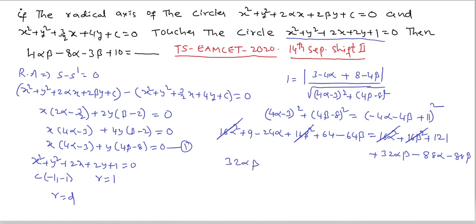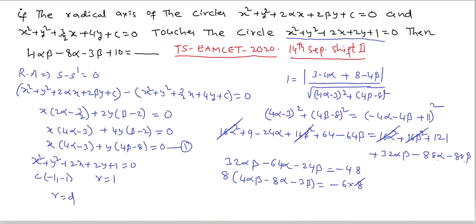So that is equal to 32 alpha beta. Here minus 88 alpha plus 24 alpha, that is minus 64 alpha, and minus 88 beta plus 64 beta is minus 24 beta, is equal to 9 plus 64, that is 73, minus 121, that is minus 48. Take 8 common on both sides: 4 alpha beta minus 8 alpha minus 3 beta equal to minus 6 into 8.